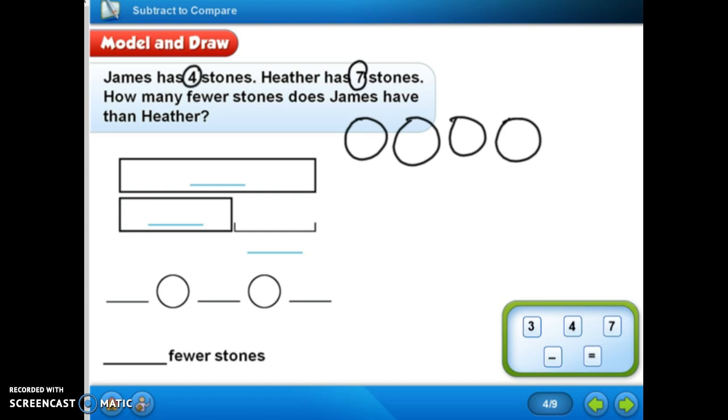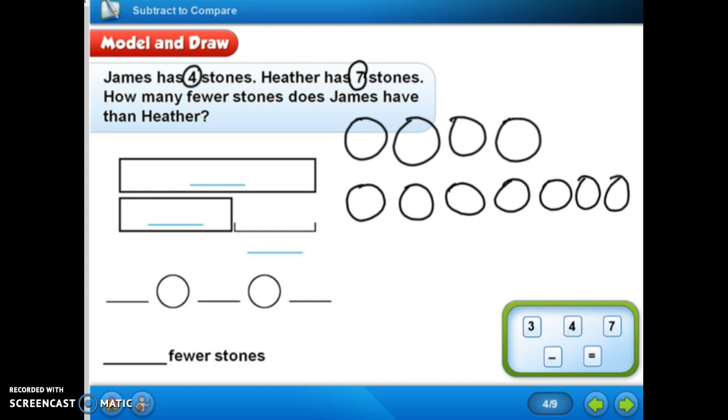Heather has 7 stones. Remember, I'm going to compare, so I need to draw Heather's stones right under James's stones. 1, 2, 3, 4, 5, 6, 7.